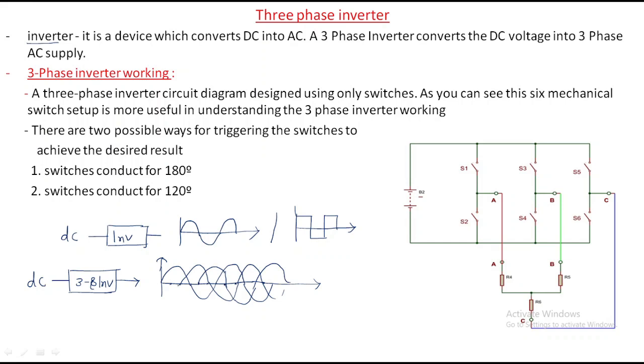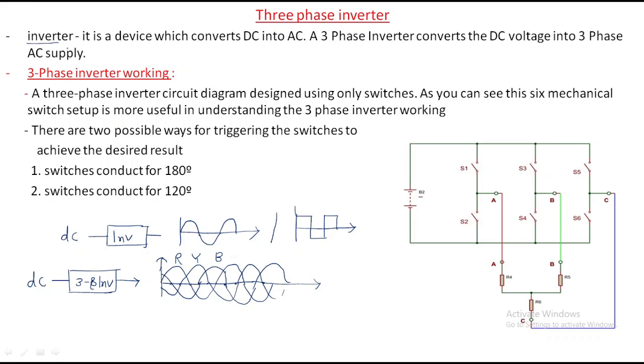Like that, we will get this. This is the R phase, this is the Y phase, and this is the B phase. Maybe a sinusoidal waveform, or a square waveform, or a triangular waveform, but it must be an AC supply. Understand? Now we will understand the difference between the single-phase inverter and the three-phase inverter.